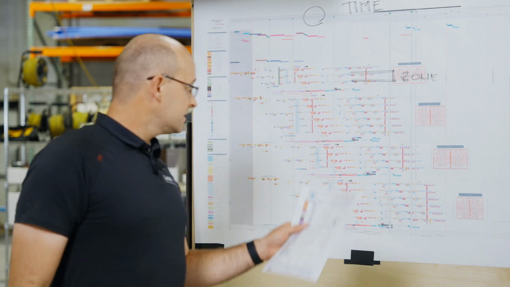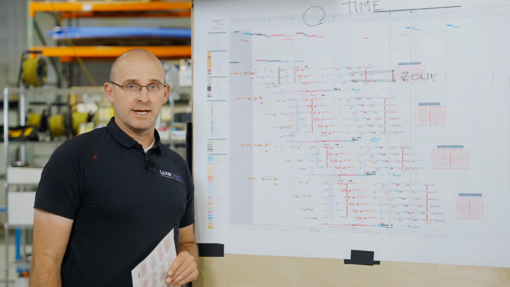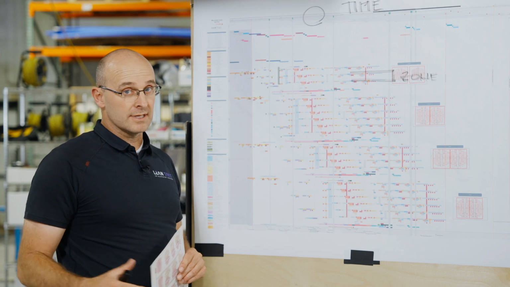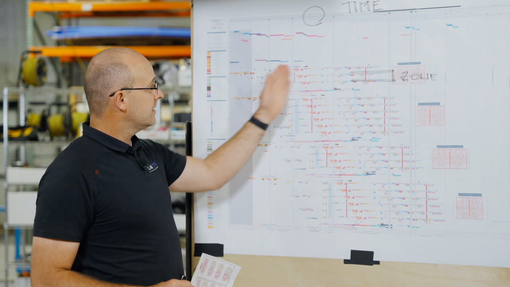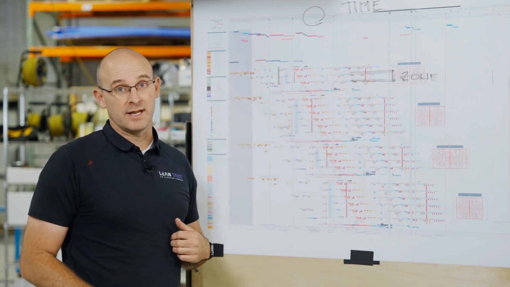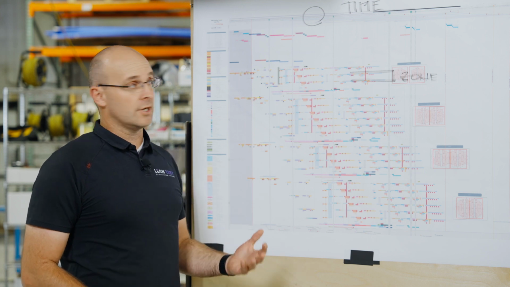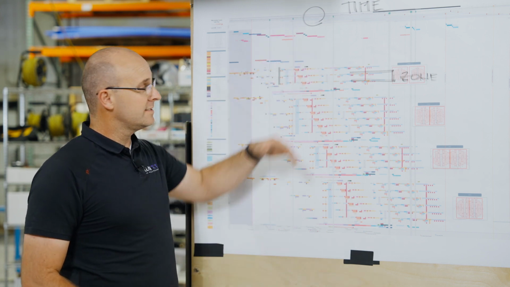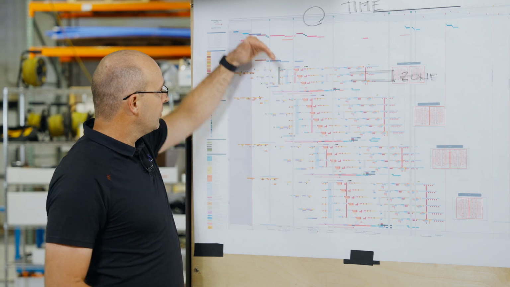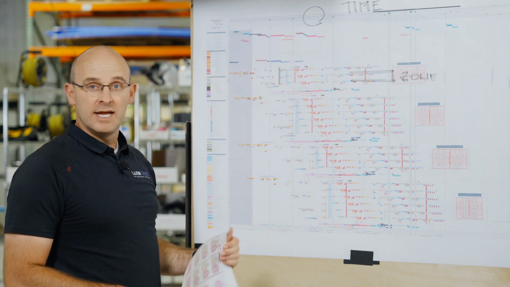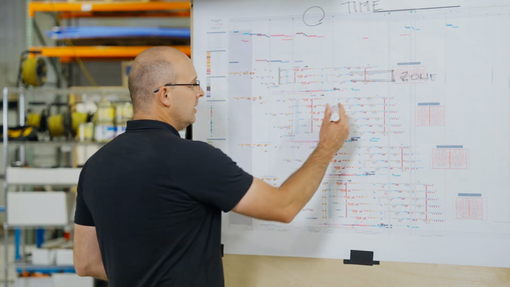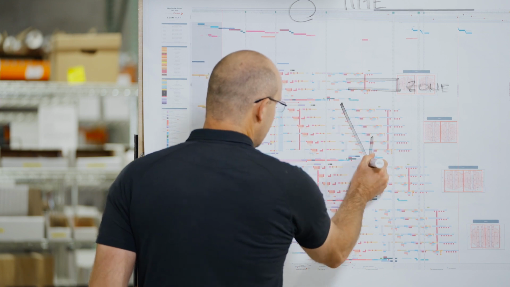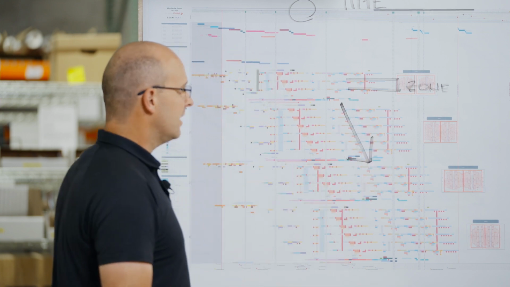Let me say that this was created from a pull plan. The trade partners literally created this sequence with you as a part of a pull plan, but they did it according to zones. So now they repeat on a rhythm, and you have flow in the diagonal. Just like I said in the last video, you're looking for that nice diagonal flow, which means that you have trade flow.